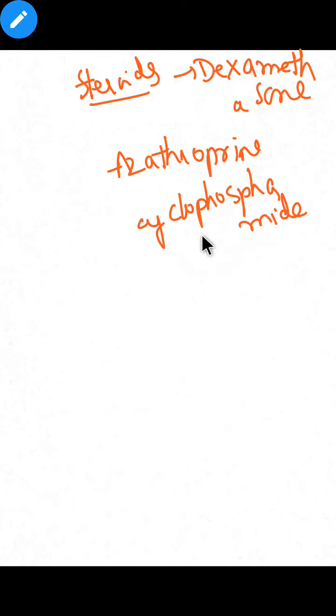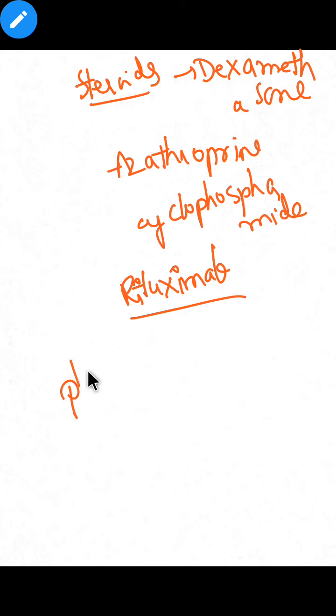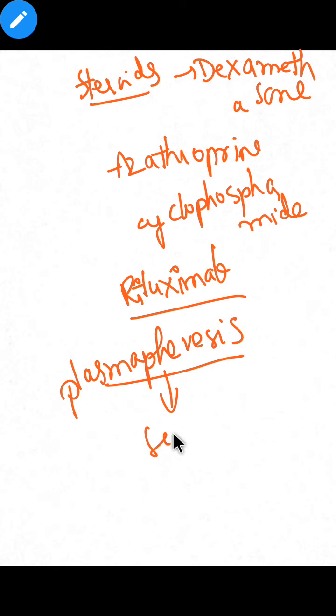These are the important drugs that are useful in Pemphigus vulgaris. And we can also give one more biological drug called rituximab. Okay. In severe cases, we'll also do plasmapheresis. This is for severe cases. Okay, this is about Pemphigus vulgaris.